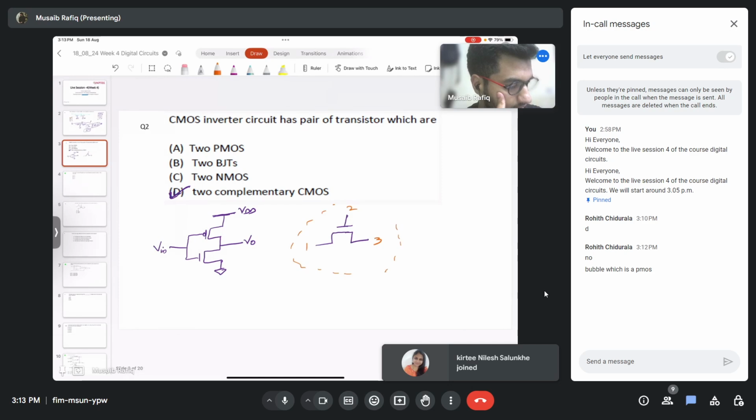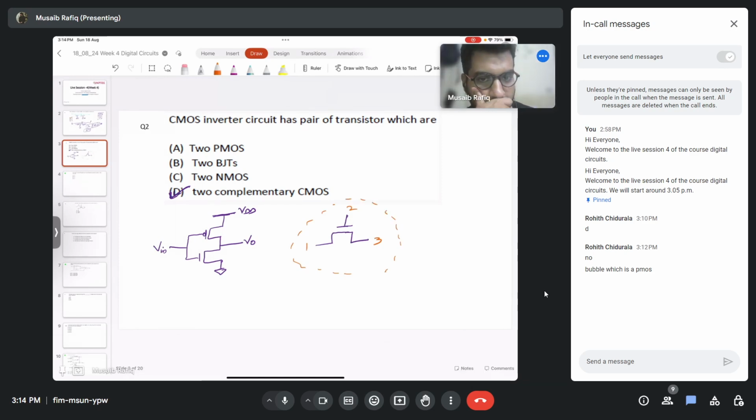What is this? Come on, you guys know. I just said it. It's not PMOS. It's NMOS, right? I haven't placed any bubble there, right? If there was a bubble, it would have been a PMOS. So everyone is with me. It's an NMOS, right?